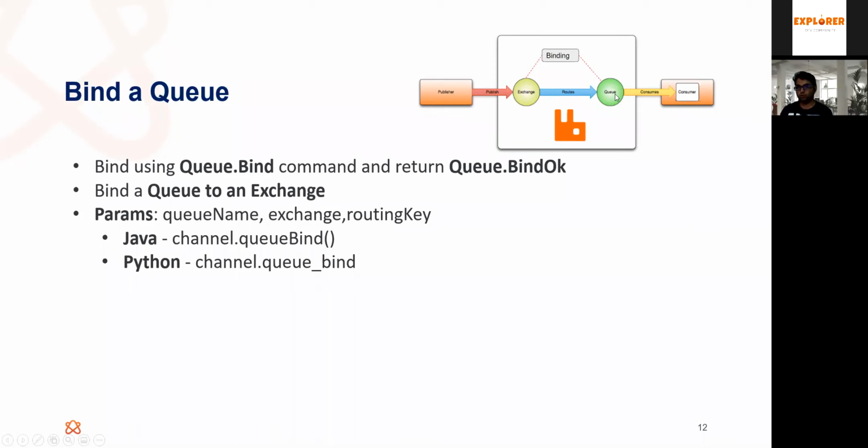Likewise, there can be multiple queues that subscribe with one key. So when someone sends that one message, it will be routed to these two queues, and two consumers can process it.